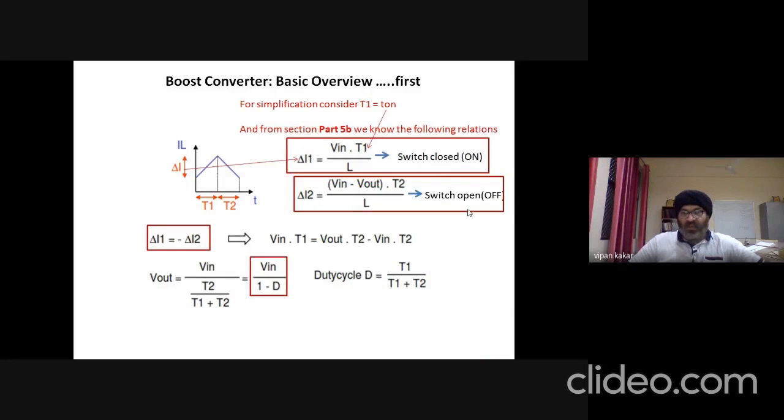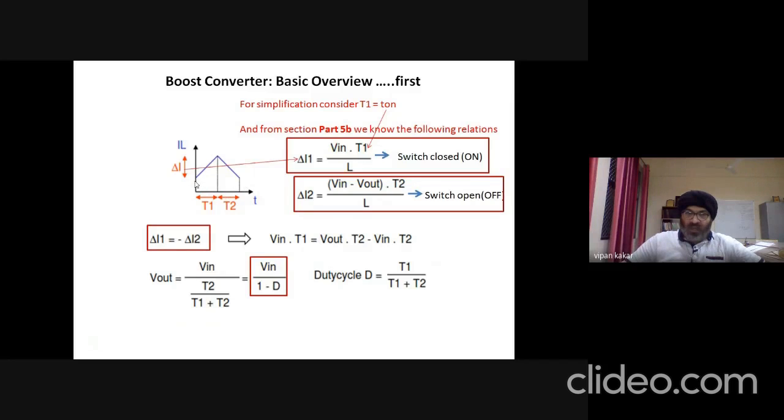So first, the basic quantitative methodology we'll be using, a simplified version, and then after this we will go for the detailed derivation. For simplification, T1 over here denotes the turn on time, T on, which we saw in the previous slides in phase 1. And T2 is the time when the switch S1 gets off.